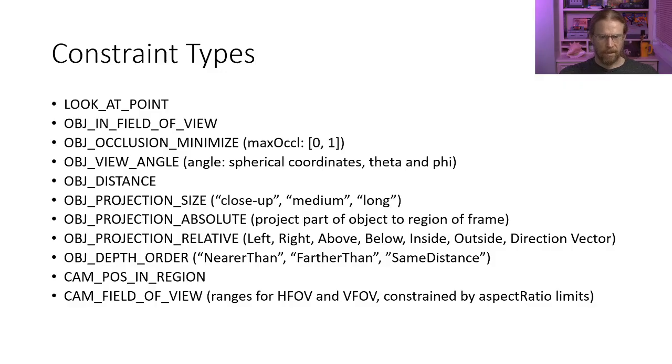Object depth order. So this would maybe be if you have multiple objects targeted as being in field of view, you could specify what order is the priority. Camera position within a region, camera field of view. So all of these things could be set or some combination.